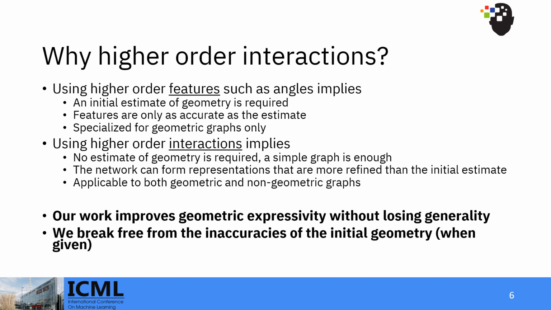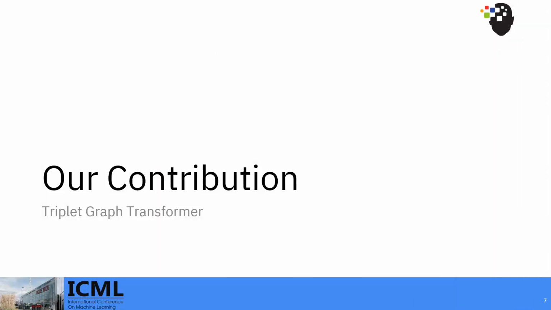Since triplet interactions can be used on any graph, we improve the geometric understanding of the network without losing any generality. It can be used for both graph representation learning and geometric deep learning. Now, let's delve into our main contribution, the Triplet Graph Transformer.